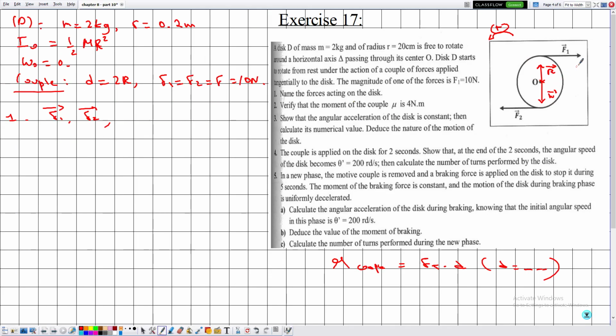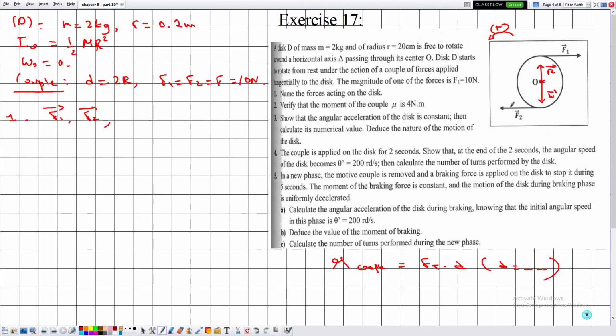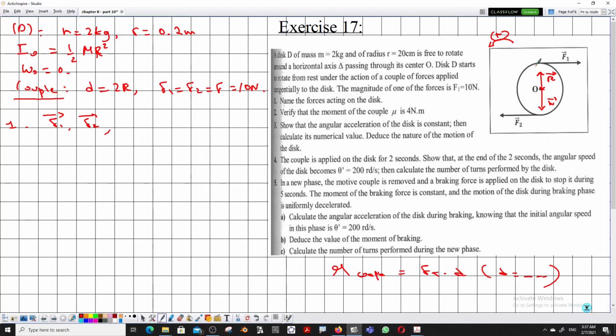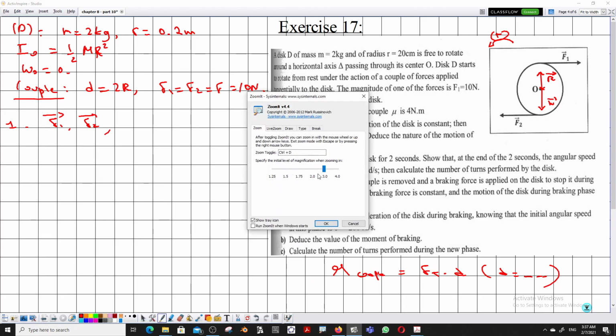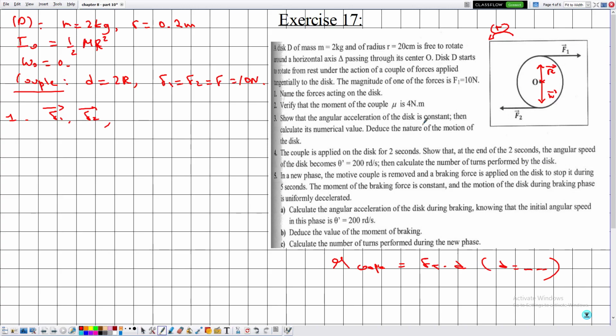But in this case, whenever we have a disk under the action of its weight passing through O, the reaction will cancel this weight like this. So we have the weight and we have the reaction R.